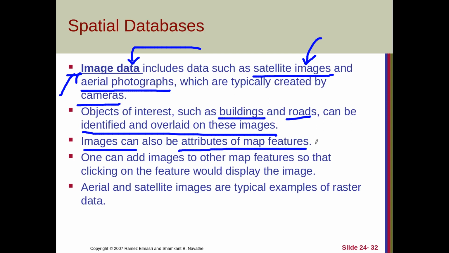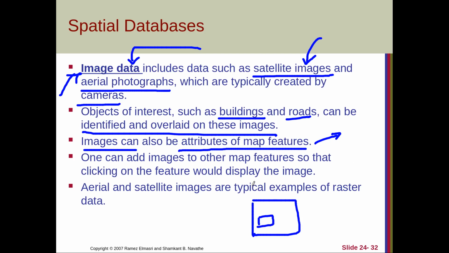So we can represent the attributes along with the images that are taken as the data for the map. Now one can add images to other map features, so that clicking on the feature would display the image. So when we create a map, we will have different countries. For example, this is a country.